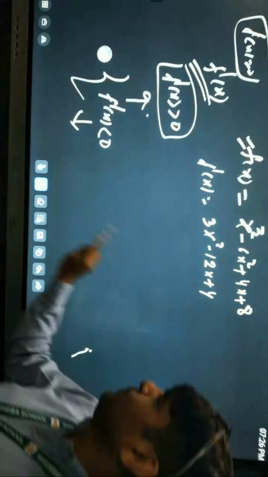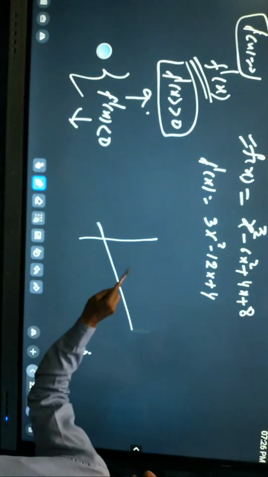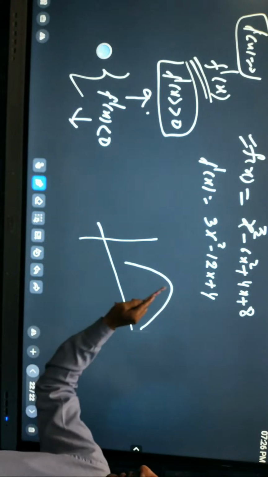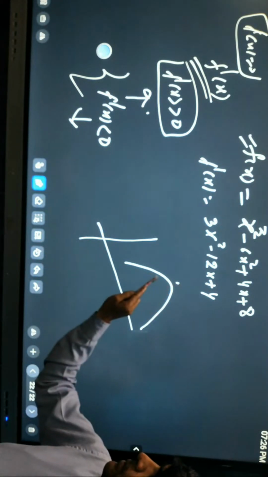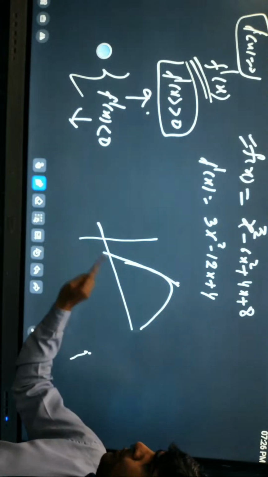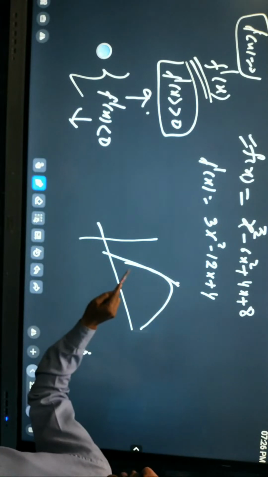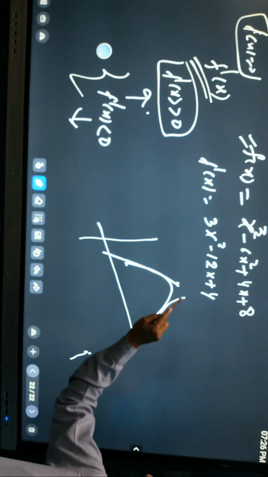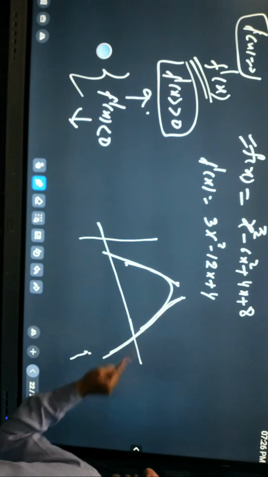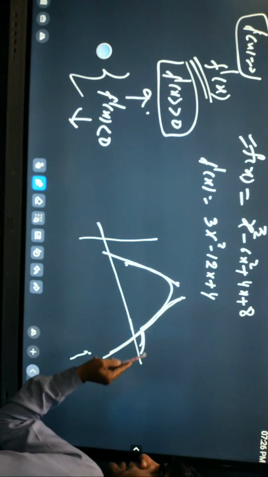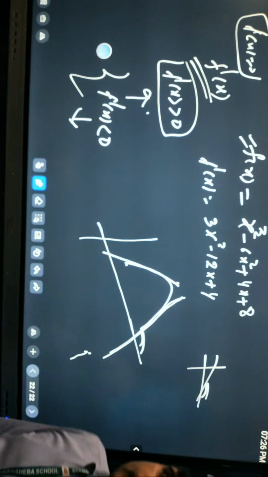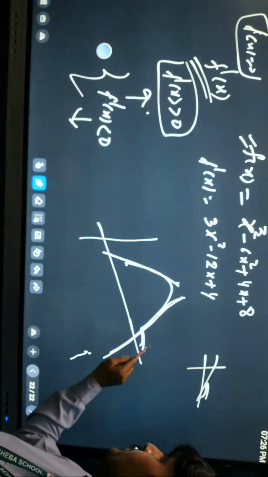What are critical points? Bachcho, listen. Suppose I have a graph like this. The slope of this graph at any point from this to this, and the slope at any point from this to this, is like in the second quadrant. It means the graph slope is negative.